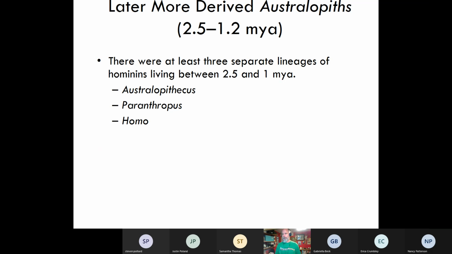But Paranthropus, Australopithecines, and Homo were thought to be living in parallel at the same time for about 1 million years. All three of these creatures were at one point coexisting.